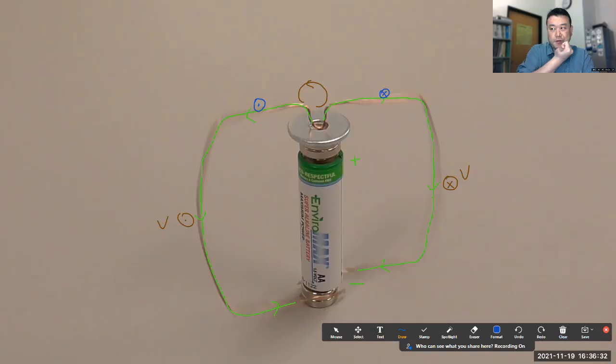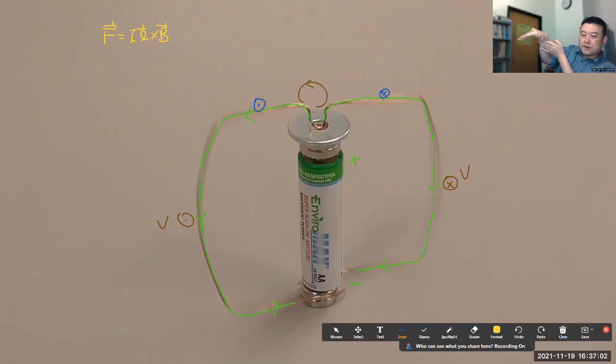So thumb pointing out of the screen, and the expression for magnetic force on a current carrying wire, for reference, is IL cross B. So my direction of thumb, I want it out of the screen. My direction of current: current is going that way.